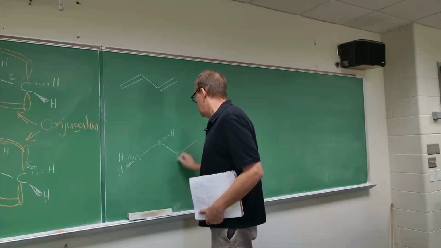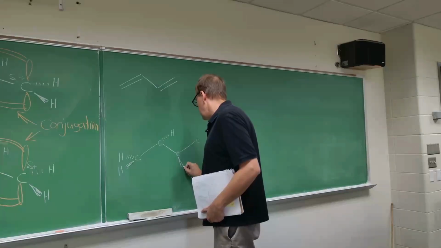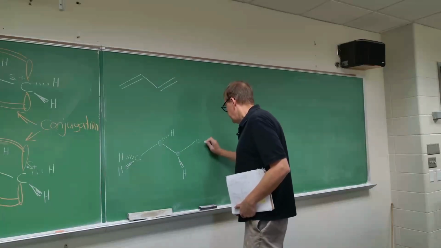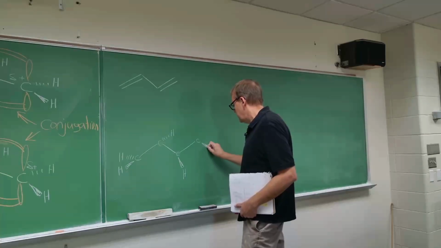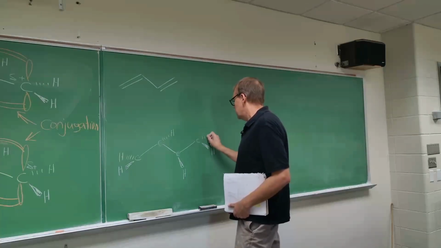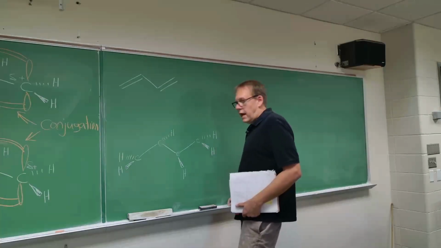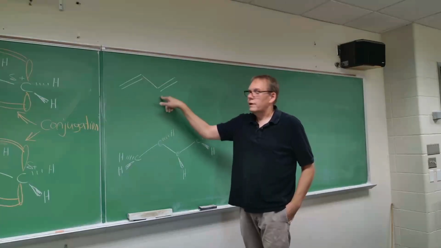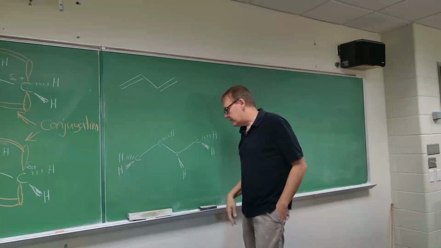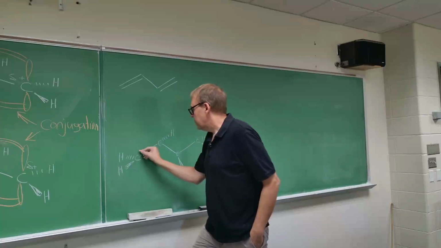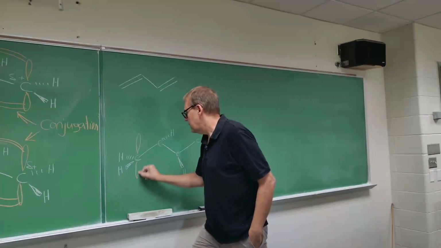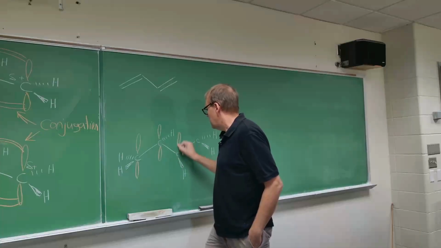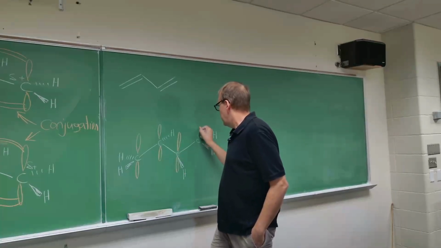There's a hydrogen here, here, here, here, and here. And then every carbon has a p orbital on it because every carbon of the diene is sp2 hybridized. So there's a p orbital here, here, here, and here.